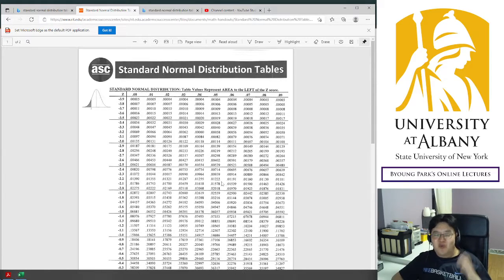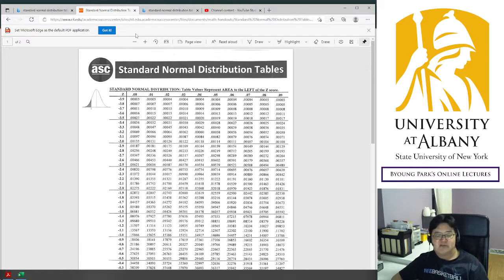Before the pandemic, I used to use this table in the classroom because there was no other option. Otherwise, students had to bring their computers, laptops, or tablets so that they could use Excel or some scientific calculator. That's not easy, and I know some students may not have them.